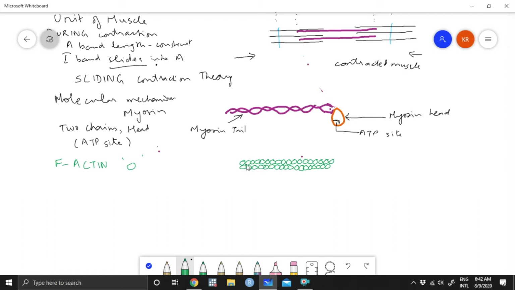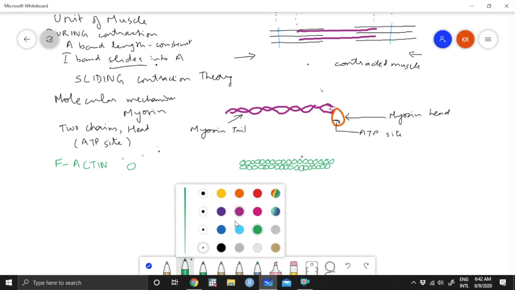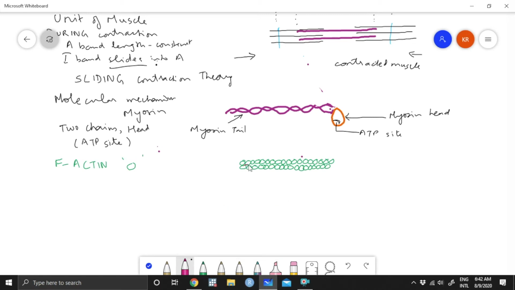Now actin molecule also is arranged in such a way it has got a thread-like structure that is moving everywhere.